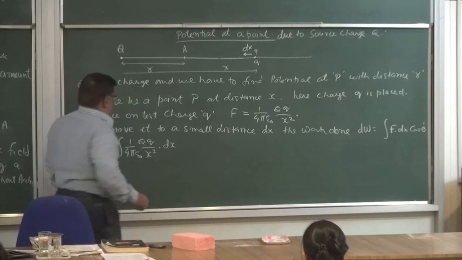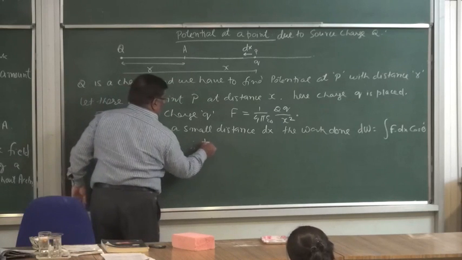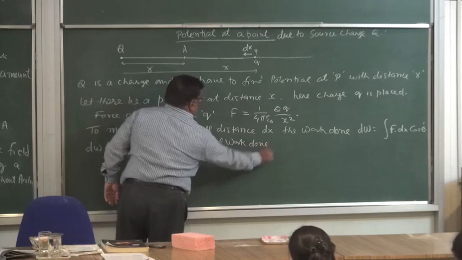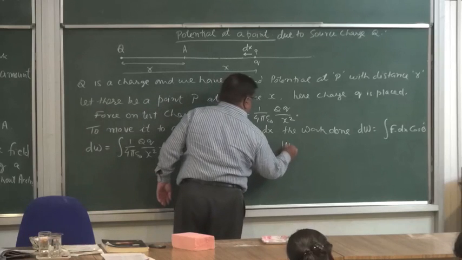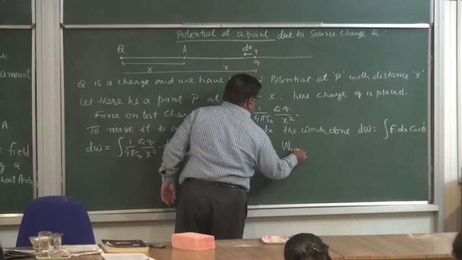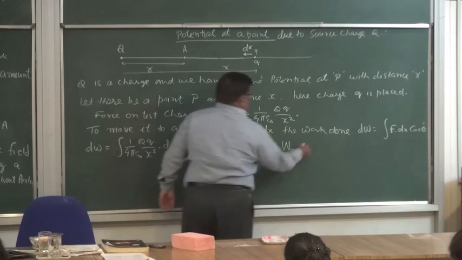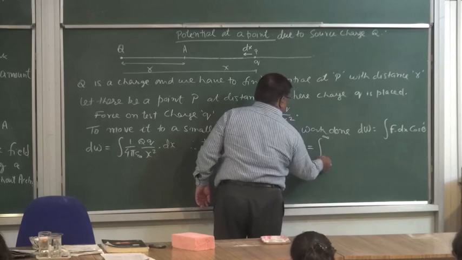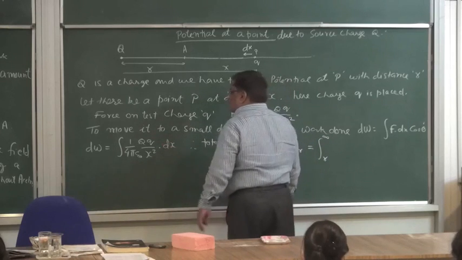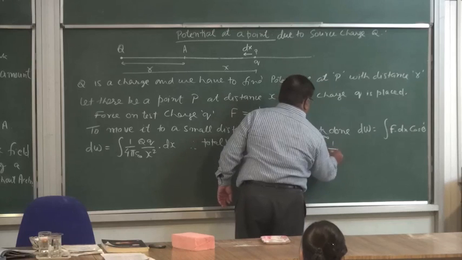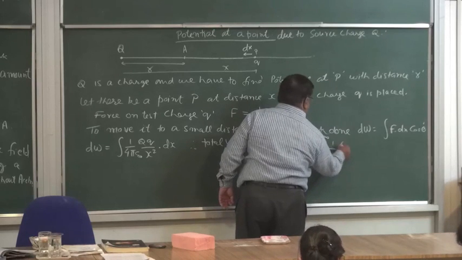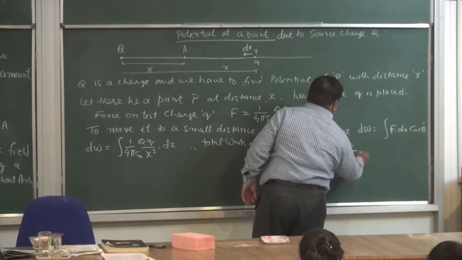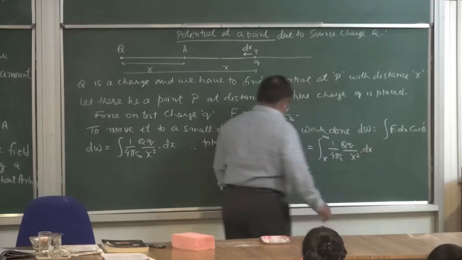R. So therefore total work done from infinity to R is equal to integration infinity to R, and this is 1 upon 4 pi epsilon naught q upon x square dx. Right?